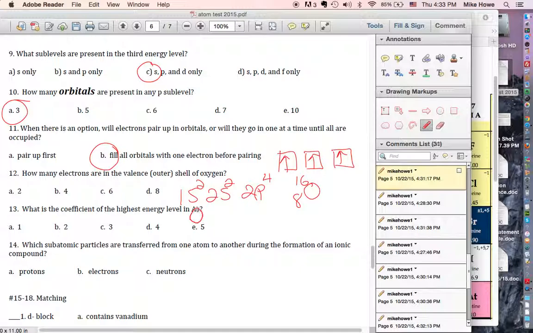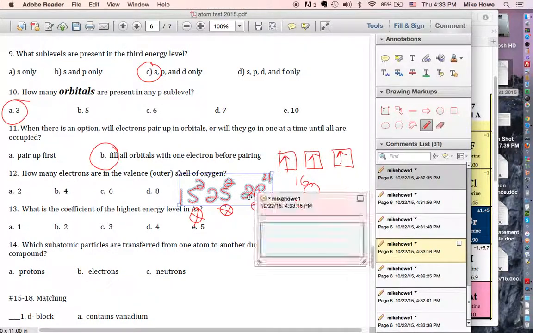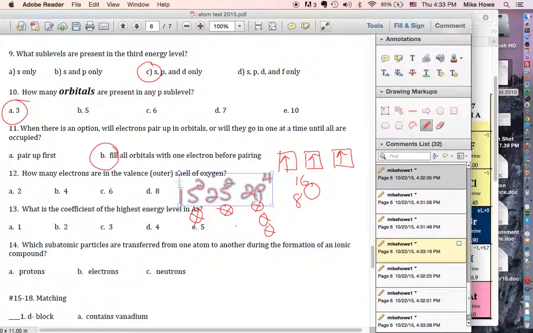If I drew the electron orbital notation like this, I would have 1, 2, 3, 4, 5, 6, 7, then 8. All right. Now the outer shell includes only the highest energy level. So that would be, if you look up here, the highest energy levels right here with 2 and right here with 2. So the correct answer would be the 2 that are here.